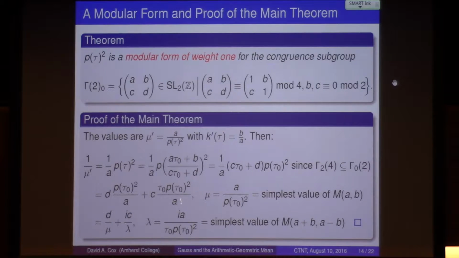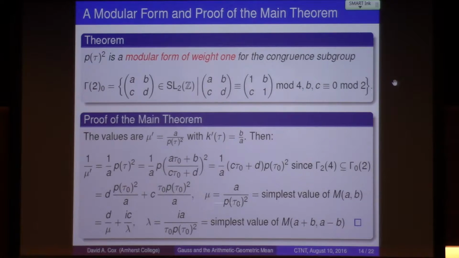And then here you have to do some work to show what this guy is. And it turns out that when you play the game, what you discover is that this guy right here, up to a value of i, is basically the simplest value of na plus b and a minus b.